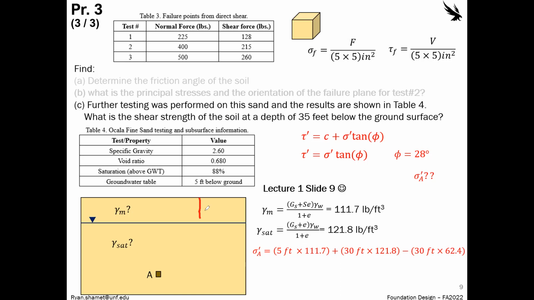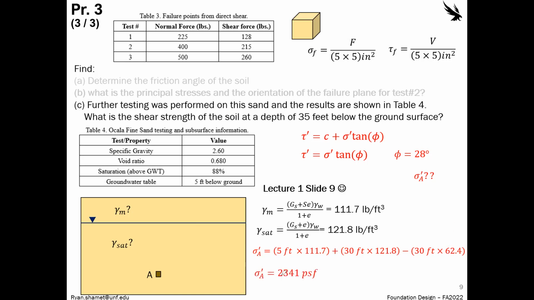We have 5 feet of this moist unit weight, and then underneath that, we have 30 feet of this saturated unit weight. And since it is effective, we need to subtract out the pore water pressure, and that is 30 feet of 62.4 pounds per cubic foot, which is the unit weight of water.